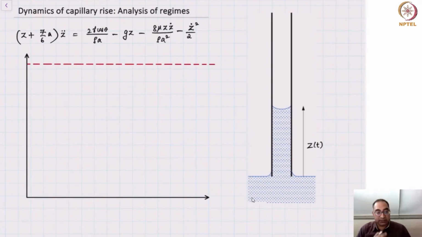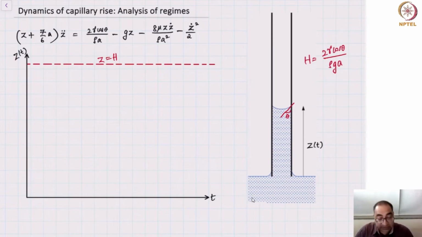Let's basically consider a graph like this, where we are looking at variation of z with time. We already know that at large time we should expect the Jurin's height, which is z equal to h. And if you remember, h is nothing but 2 gamma cos theta by rho g a, where the angle theta is the angle that the meniscus makes with the wall of the tube.